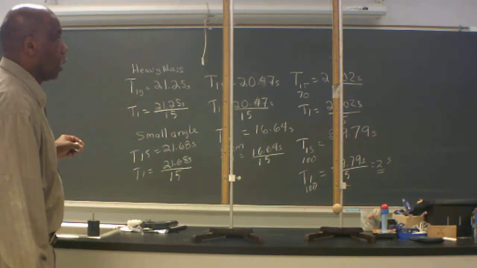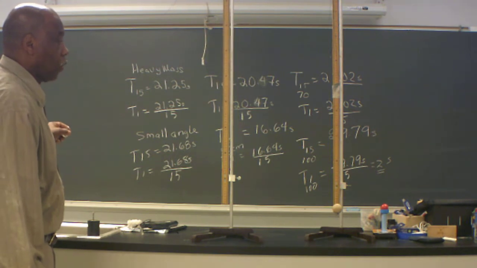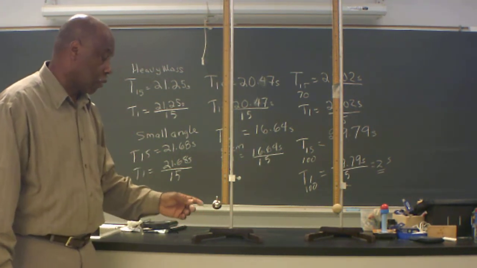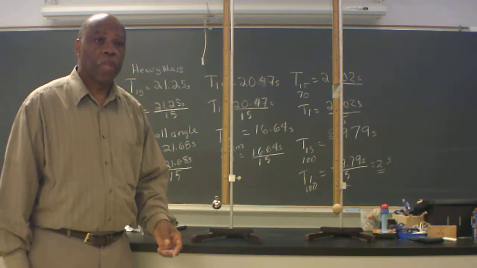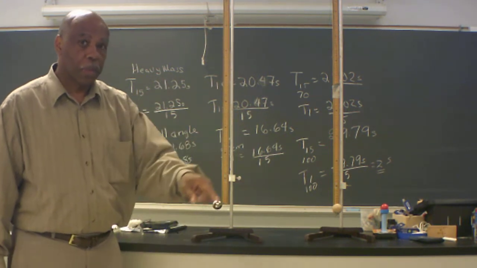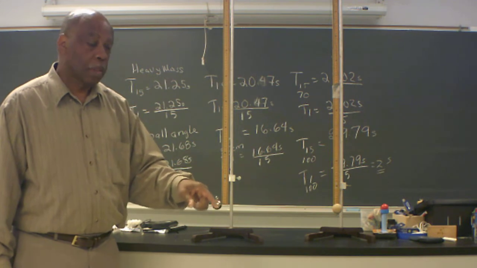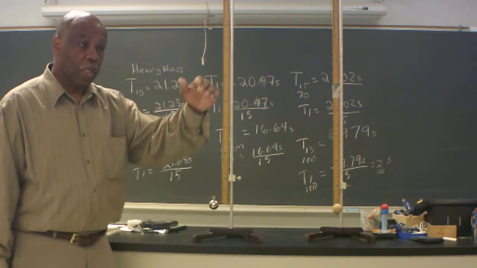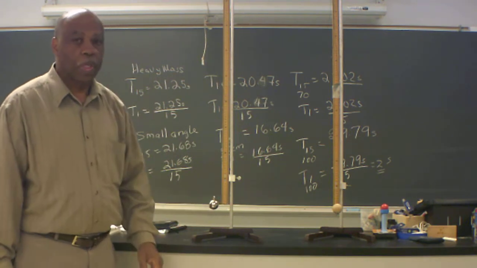When you get this thing up to 30, 40, 50 degrees, then the rotation of the Earth will affect the swing, and it starts to swing around in a little circle, and that is the effect of the Coriolis force, the Earth rotating from underneath the swinging pendulum.